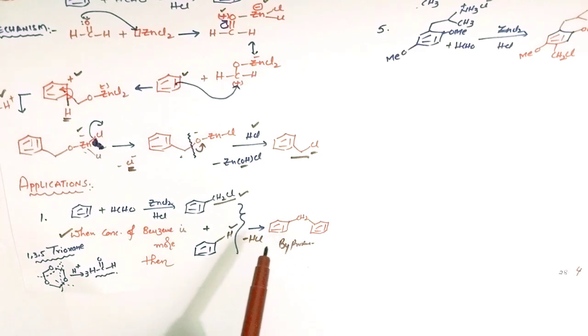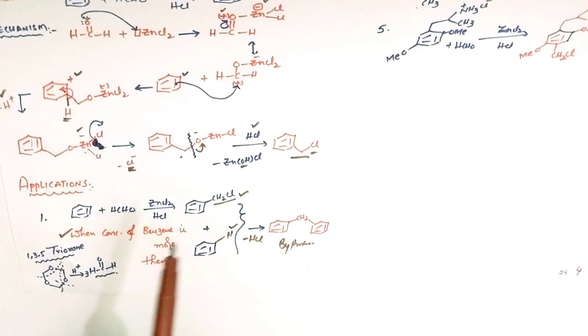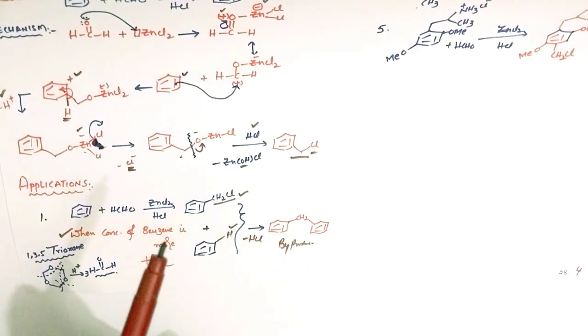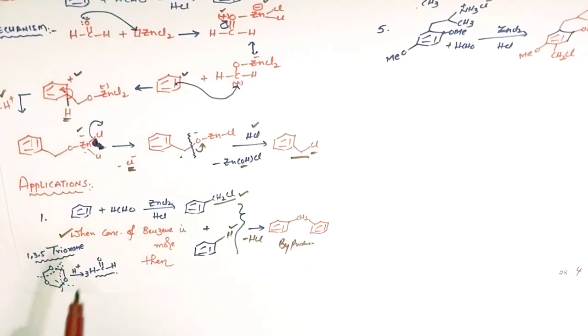The second point in this one is, in some cases in the examinations, along with the benzene, they will not give formaldehyde, they will give 1,3,5-trioxane. This is the structure of 1,3,5-trioxane. The 1,3,5-trioxane will be decomposed in the presence of H plus ion into 3 moles of formaldehyde.